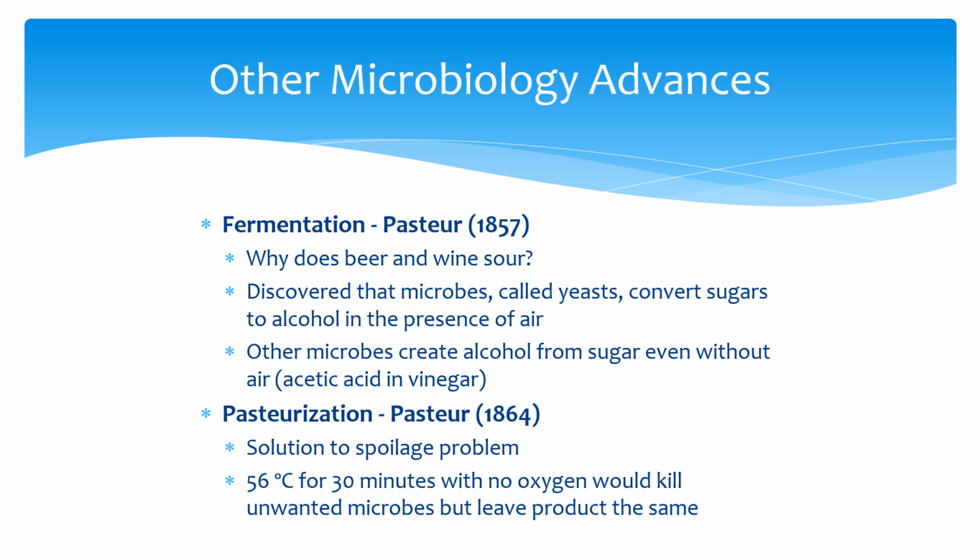So it's this process of killing microbes within those liquids using heat for up to a certain amount of time, roughly 30 minutes, with no oxygen. So what this would do is kill the microbes that would cause the spoiling and souring of these products in order to make them more shelf stable. So that is a practice that we use now in our dairy products as well as fruit juices.